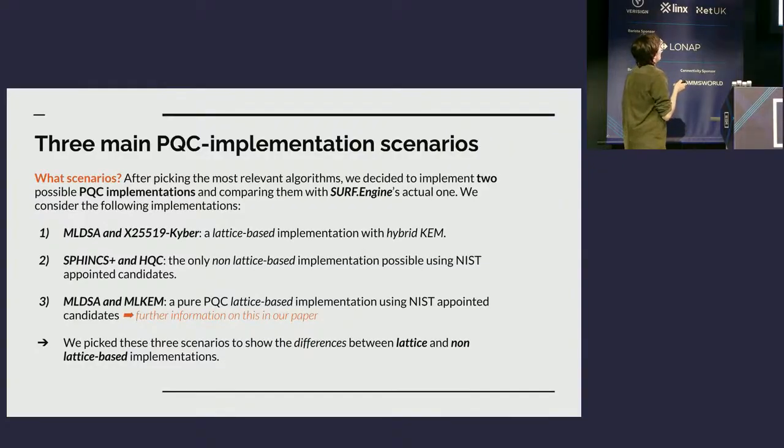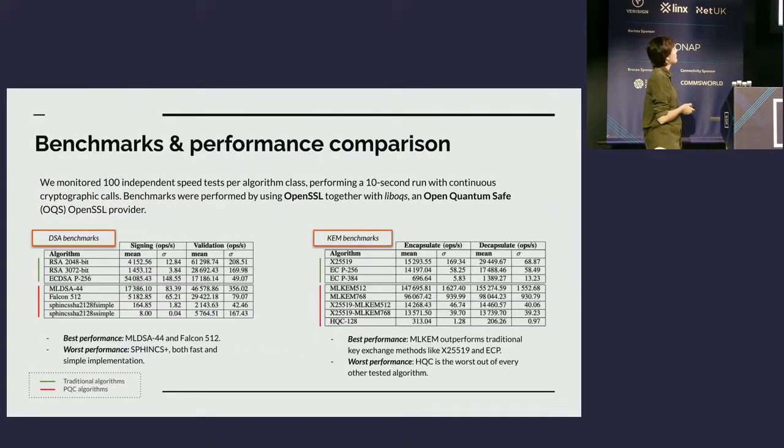And then we also chose ML-DSA and ML-KEM, so pure lattice-based implementations. This is well described in our paper, but I will not be showing any plots about that because these two are the most relevant cases. So we wanted to show the differences between lattice and non-lattice implementations.